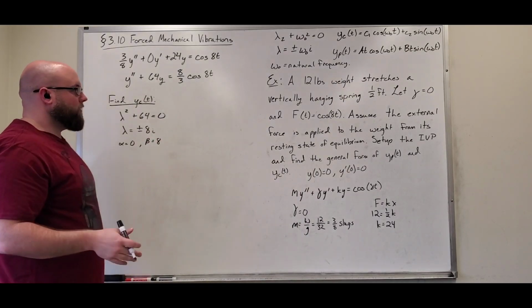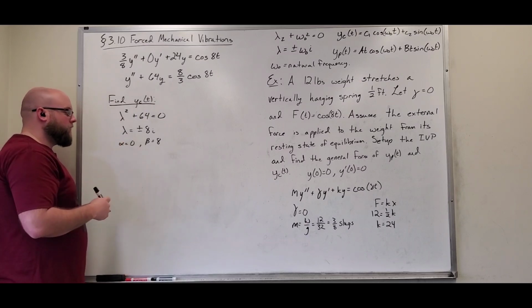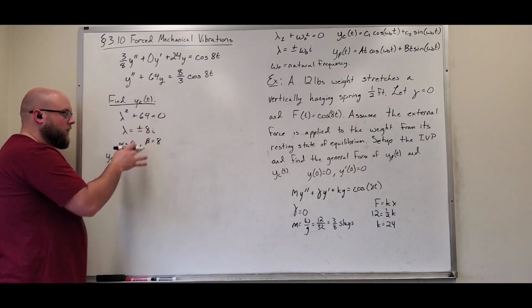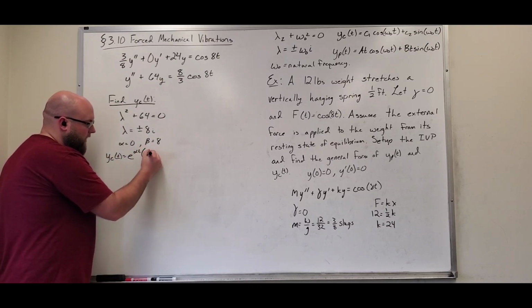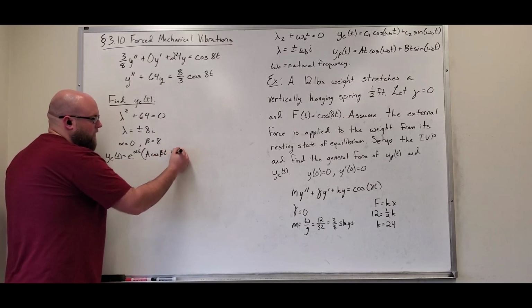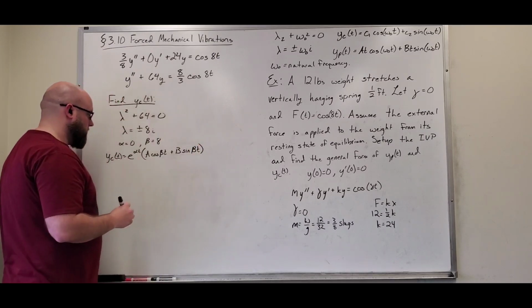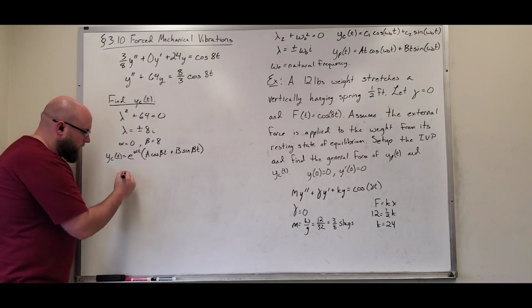All right, for those that need a refresher on what we're looking for whenever we get complex roots, y_c is e to the alpha t times a cosine of beta t plus b sine of beta t. All right, our alpha is equal to 0, so that means this term here is going to go to 1.